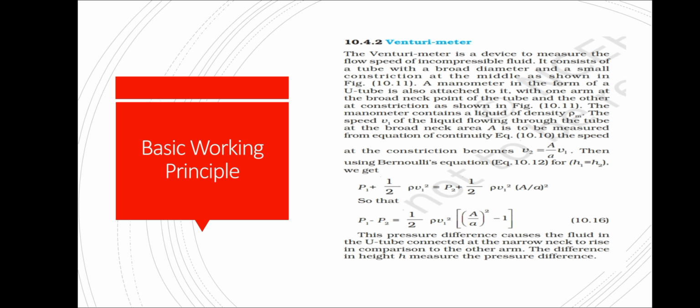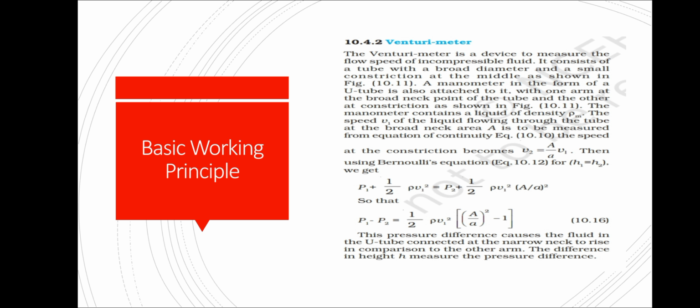Suppose the Venturimeter has two cross-sectional areas, one broad and one narrow. The area of the broad side is capital A, the area of the narrow side is small a, and the respective velocities are v1 and v2. Then a1 v1 equals a2 v2. We can find the expression of v2, which equals capital A upon small a into v1, right? This is the first expression, by the principle of continuity.